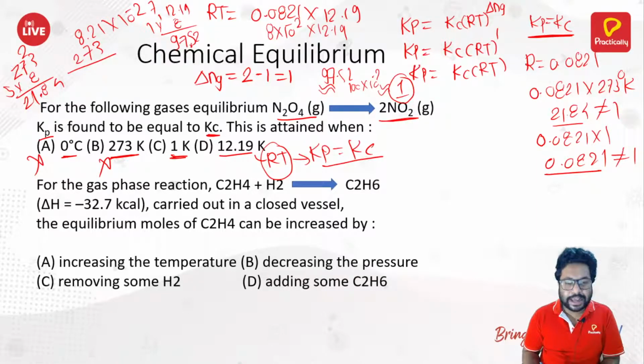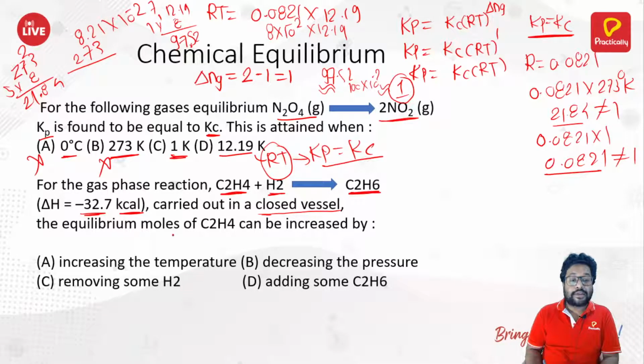For the gas phase reaction, C2H4 plus H2 reacts to give C2H6, with delta H of minus 32.7 kilocalorie, carried out in a closed vessel, the equilibrium moles of C2H4 can be increased by.